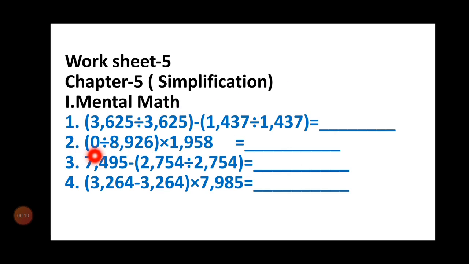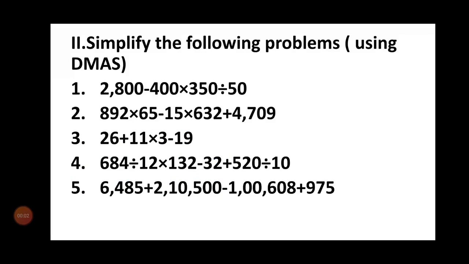And second one, 0 divided by 8926 into 1958. Third one, 7495 minus 2754 divided by 2754. And fourth one, 3264 minus 3264 into 7985 is equal to dash. So you want to use the direct answer for Roman letter 1.